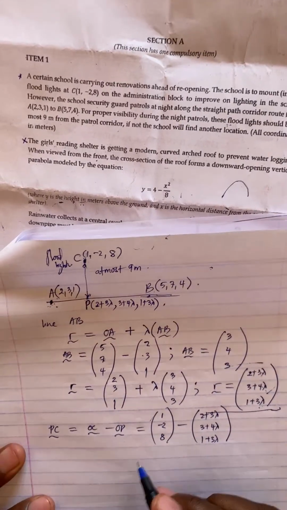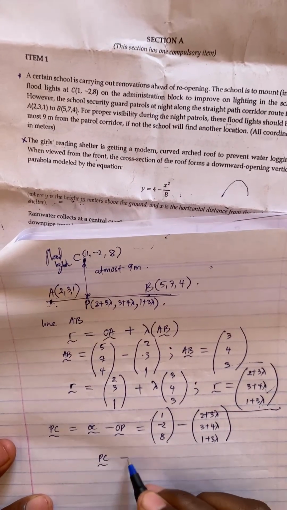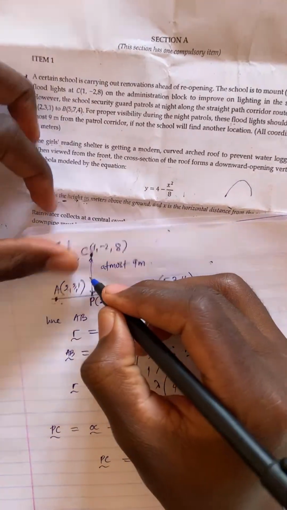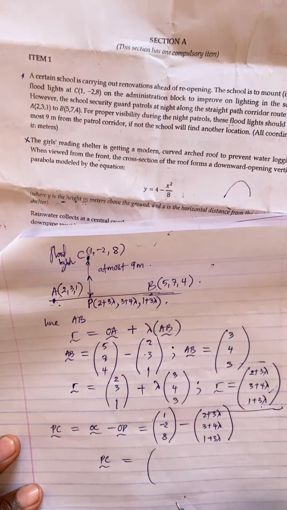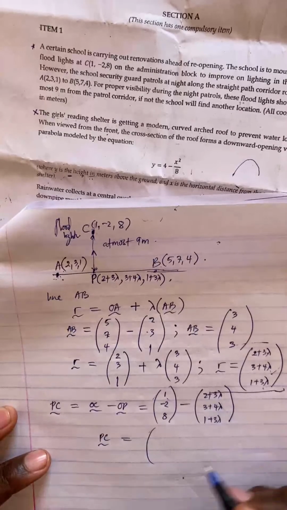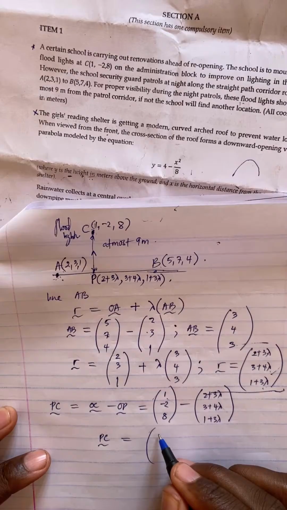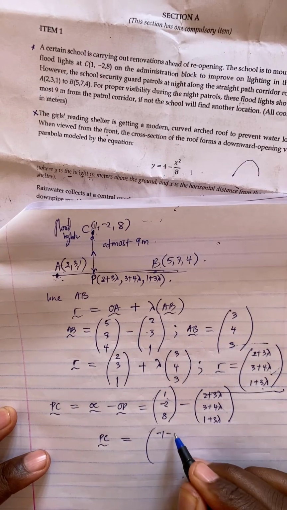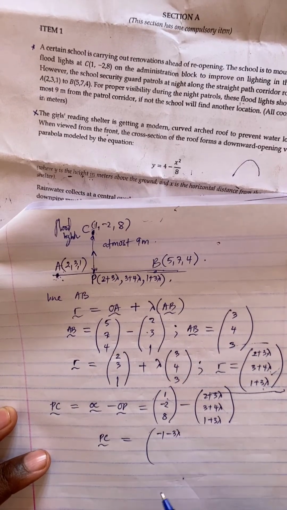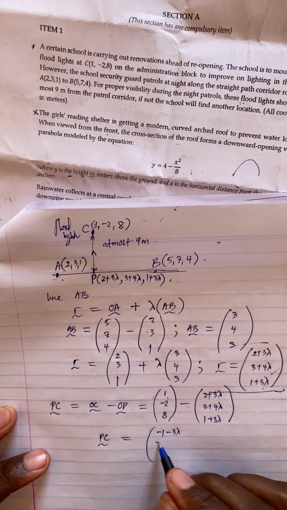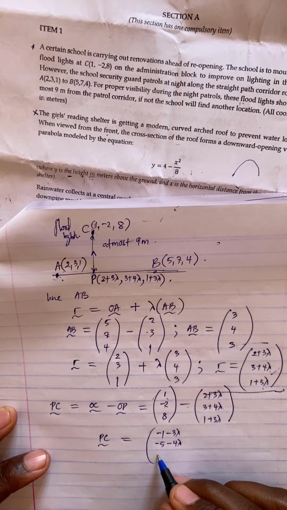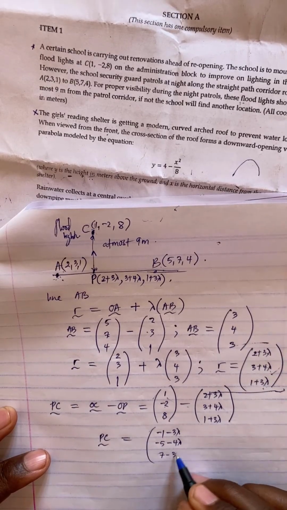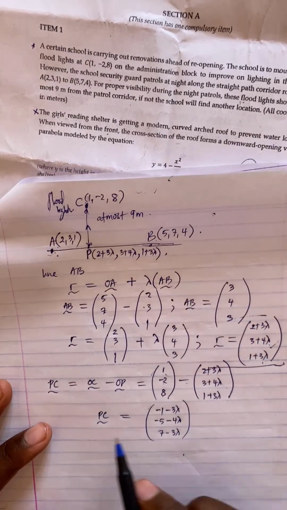So therefore, our PC will end up as: 1 minus this gives us -1 - 3λ; -2 minus this gives us -5 - 4λ; 8 minus this gives us 7 - 3λ. So this is our PC.